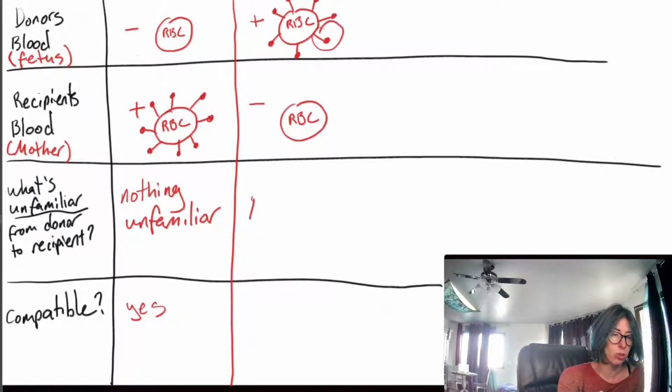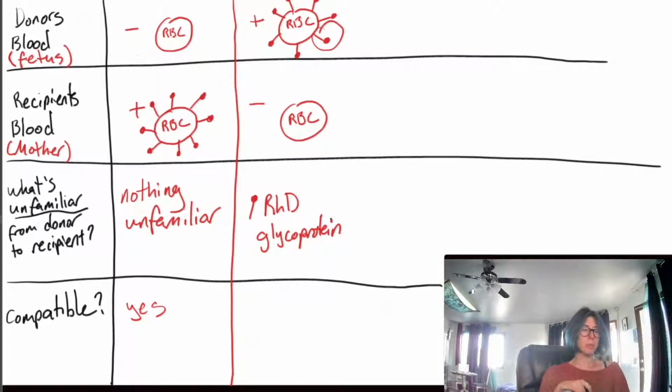So I'll just draw that here. This is the RHD antigen, or we'll call it glycoprotein. That's what we've been calling it. So is this compatible? No. Nope. This is going to cause problems in a transfusion or for mother-fetal compatibility.